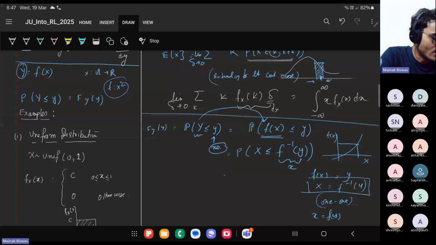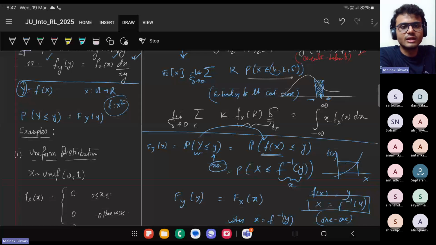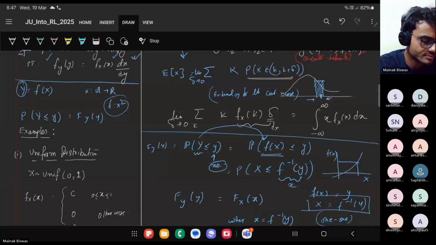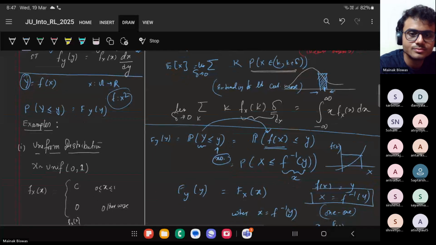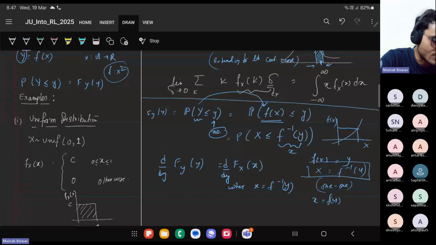Okay, so now you have been told to prove this differential equation. How do you prove it? The differential equation for f of y and f of x in terms of dy dx. What should I do? I will take the derivative with respect to y on both sides.